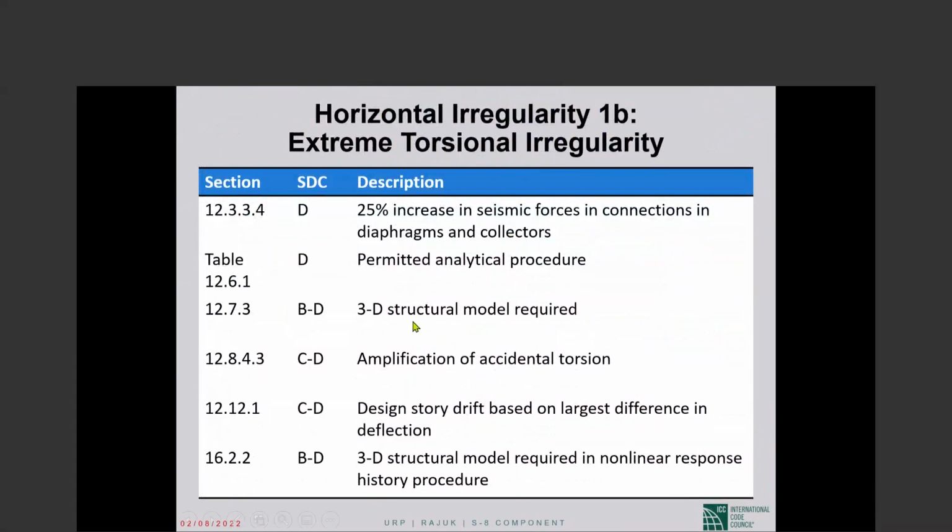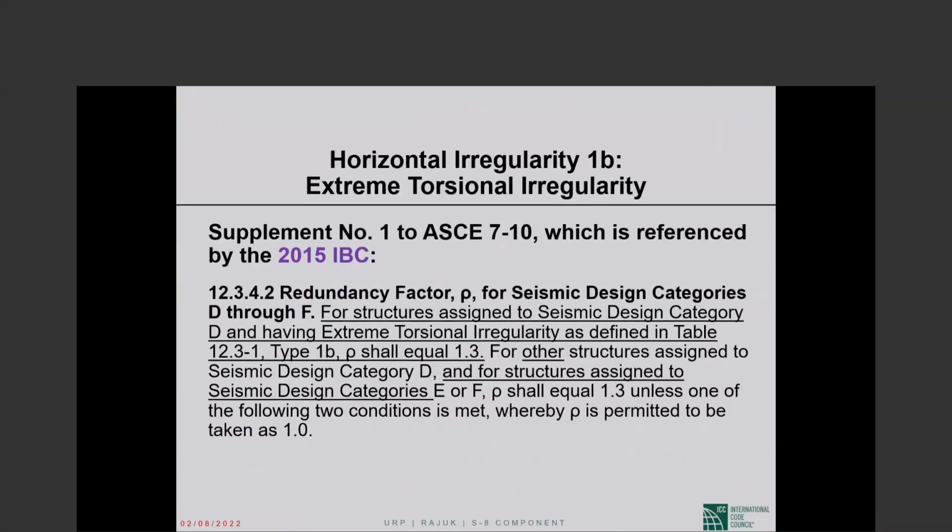The same restrictions apply, the same table. 1A and 1B, no difference. The difference is that outright ban, that you cannot do it in near fault areas, seismic design category E and F.